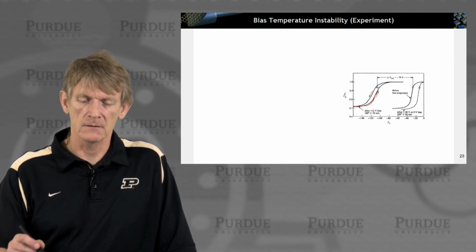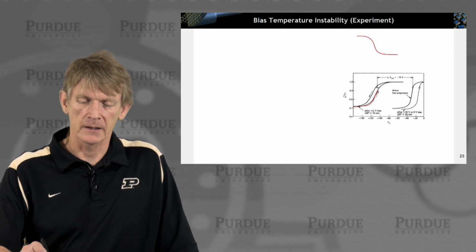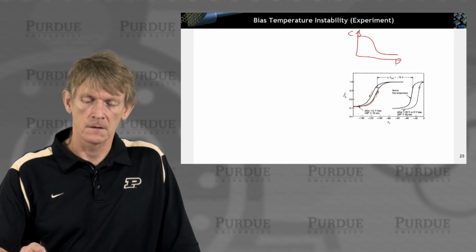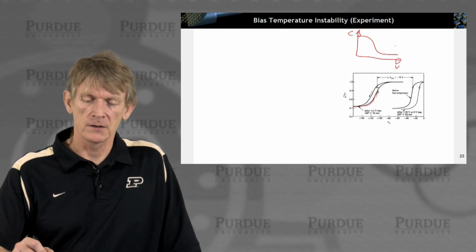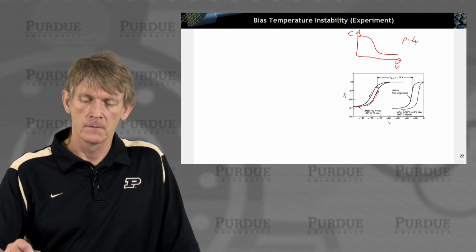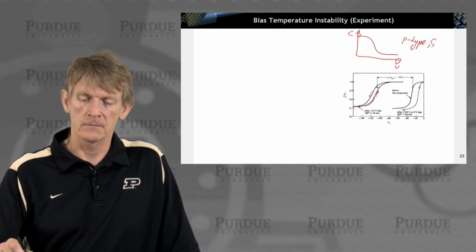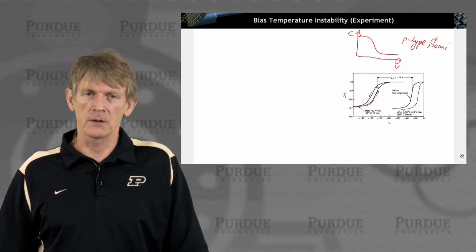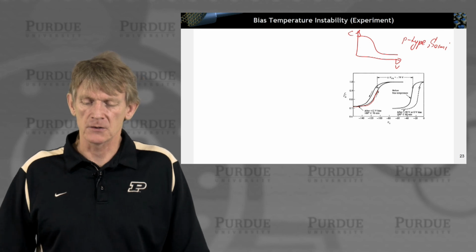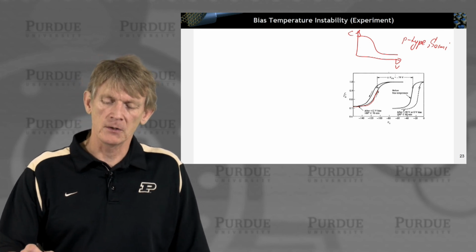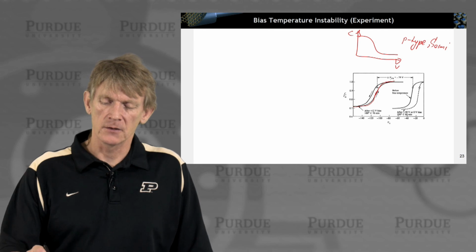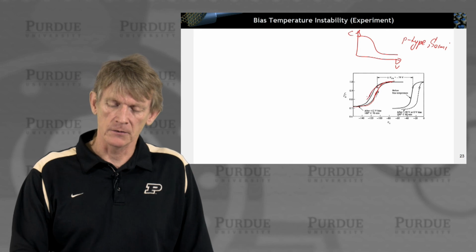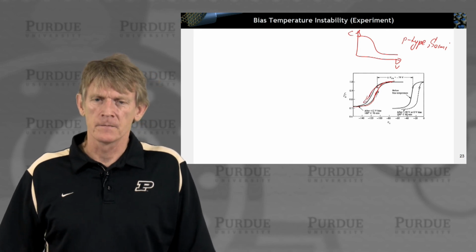So whatever you see here, we've drawn curves that look like this, where we have C and V. And this was for a P-type semiconductor, right? Okay, for an N-type, you just flip these curves around. We haven't done this in the course. Here's an example of such measurements, okay? So as you ramp up the voltage one way, you transition the charges one direction, and then you come down the other way.